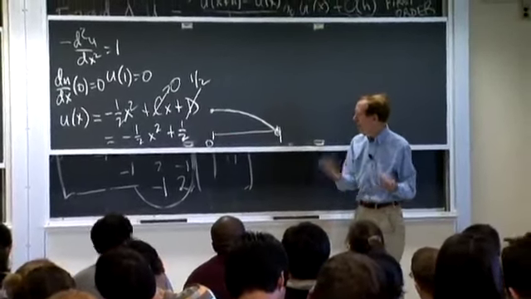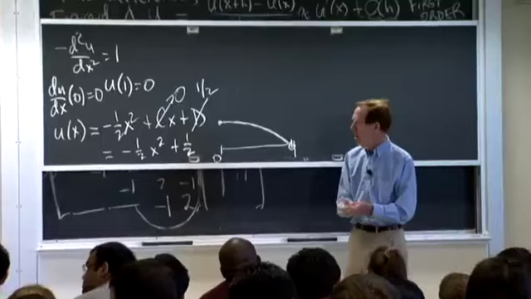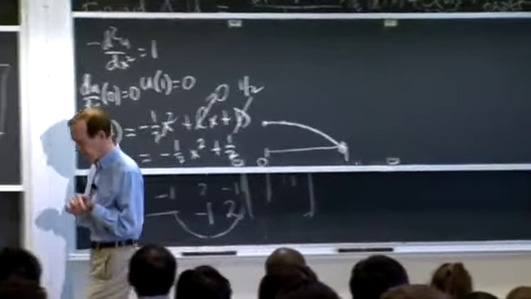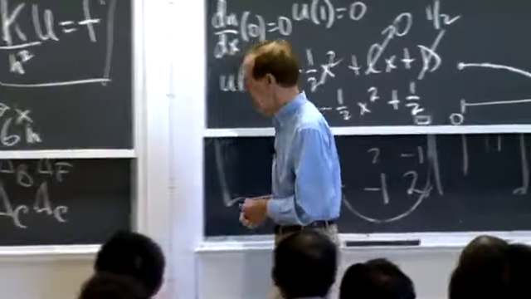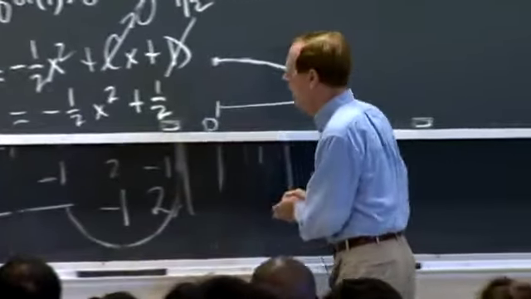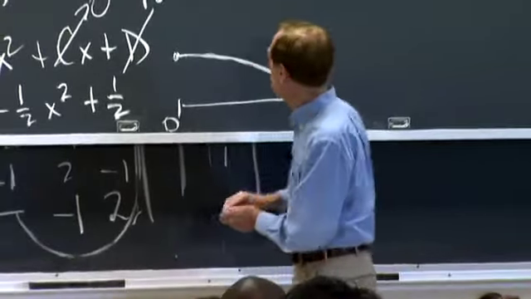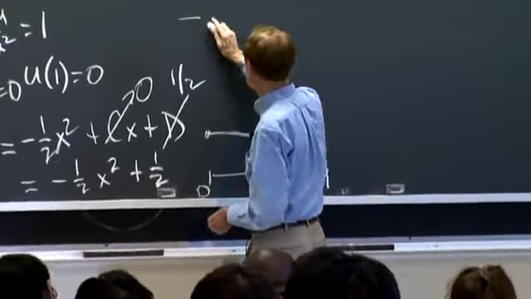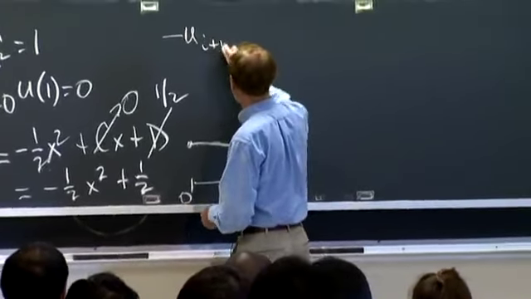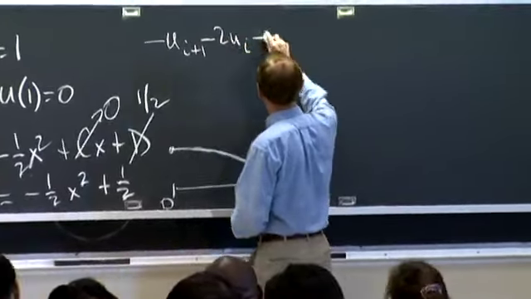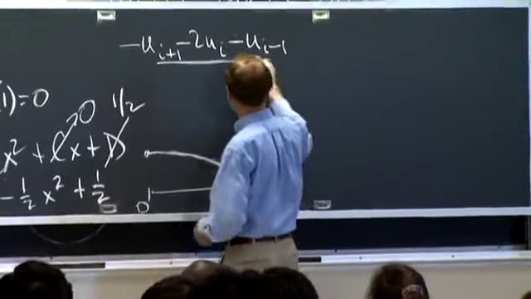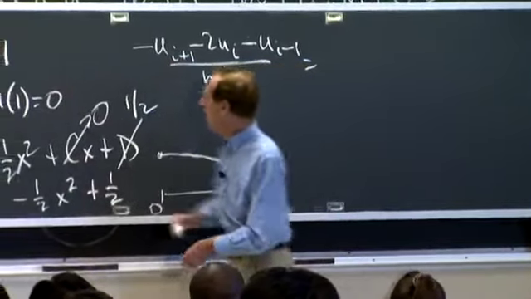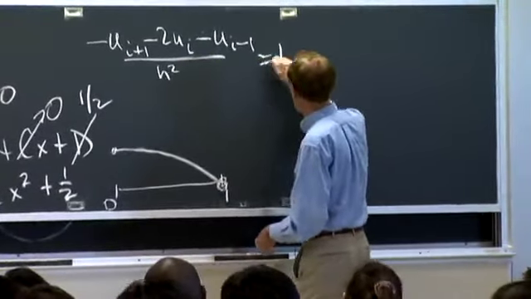Okay. Now I'm ready to replace it by a difference equation. So what will be the difference equation? It'll be the same equation for the minus u double prime, no change. So minus u i plus 1 minus 2 u i plus u i minus 1 over h squared equals, I'm taking f of x to be 1, so let's stay with 1.